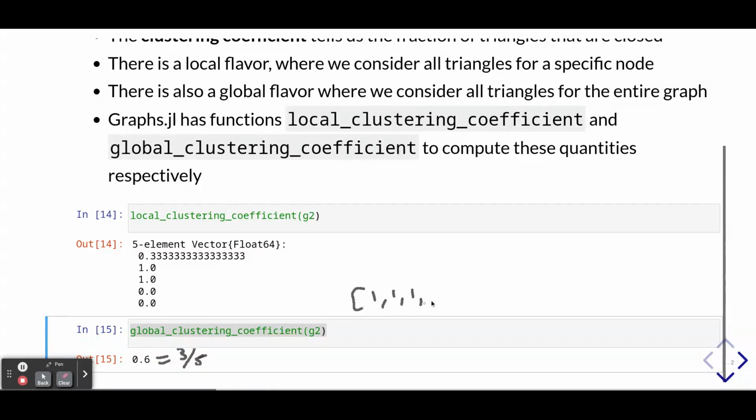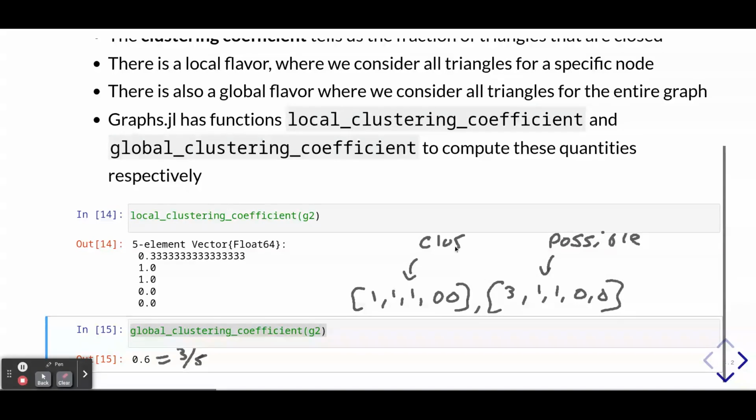We had 1, 1, 1, 0, 0 for the number of closed triangles for each node. And then we had 3, 1, 1, 0, 0 as the number of open or possible. So this is going to be possible. This is closed. And if we sum up this array, we get back 3. And if we sum up that array, we get back 5. And then we're just going to divide those two.